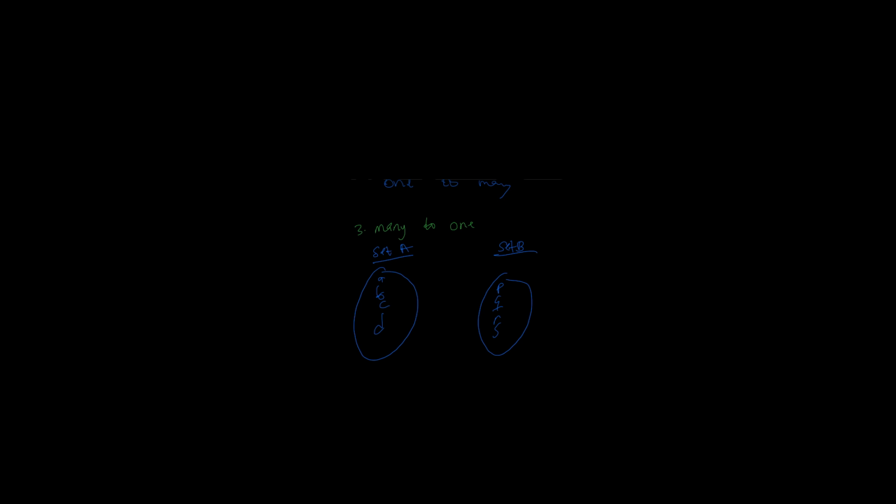For example, if A maps to P and B maps to T, C maps to Q, D maps to S. This is a many-to-one relation because many elements in the domain have the same element in the codomain. Many elements are mapped into one. It will still be true if another value, A, is also mapped to Q. This will still be many-to-one.